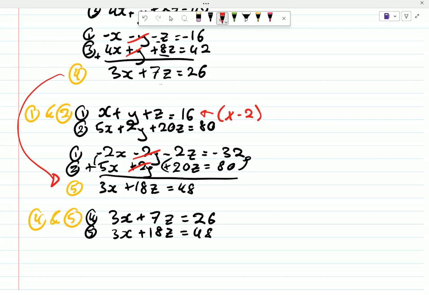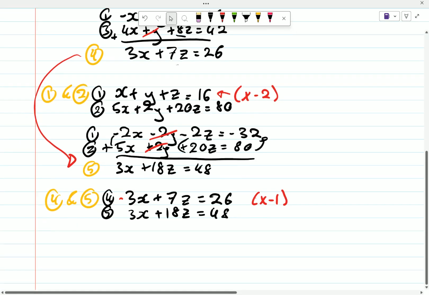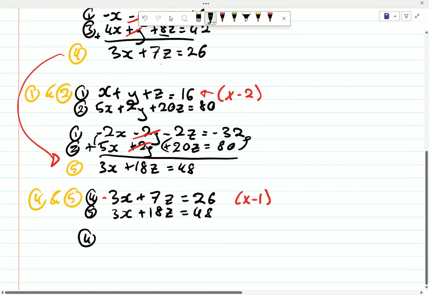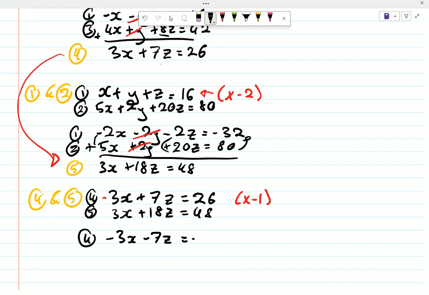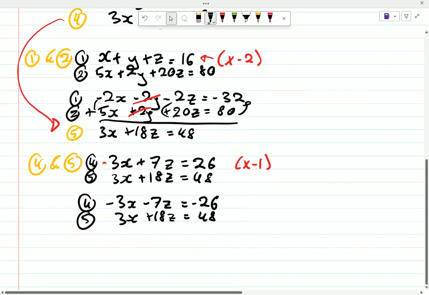Now this worked out pretty well for us because our coefficients of the x are the same, so we can just cancel them. We need to make sure that one of these is minus, so let's multiply the top one by minus 1. So this is minus 3x minus 7z equals minus 26. 5 we leave alone: 3x plus 18z is equal to 48.